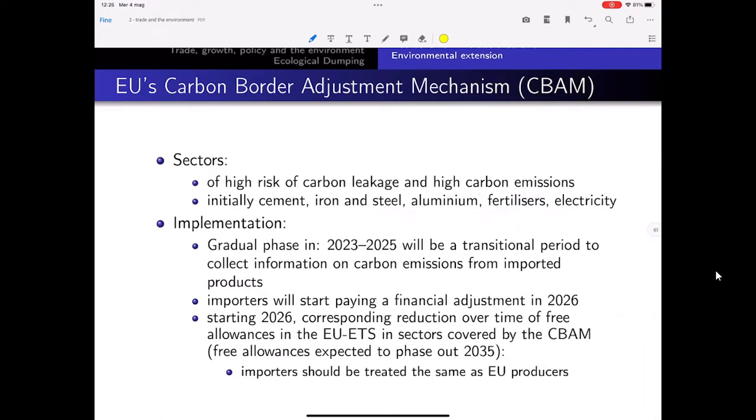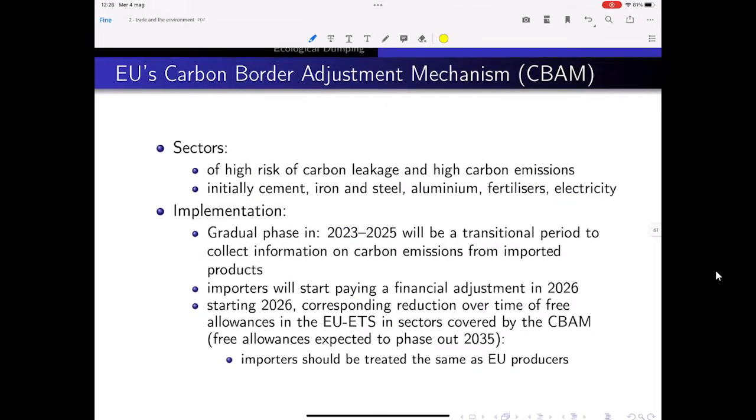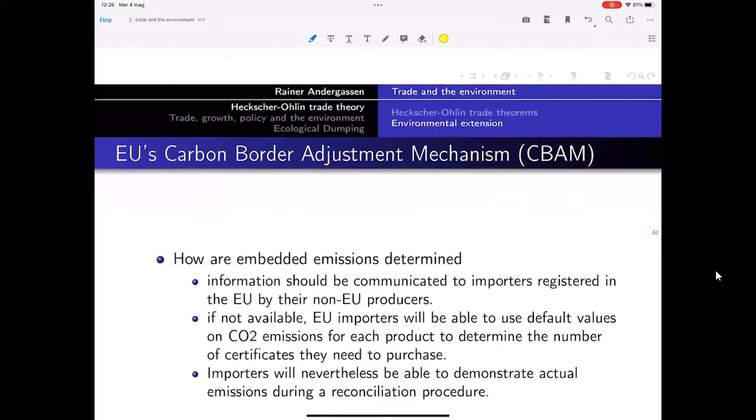It would not make sense. We would really like to level the playing field. And free allowances are expected to phase out in 35. And therefore, importers should be treated the same as EU producers. Okay, that's the intention of this proposal.